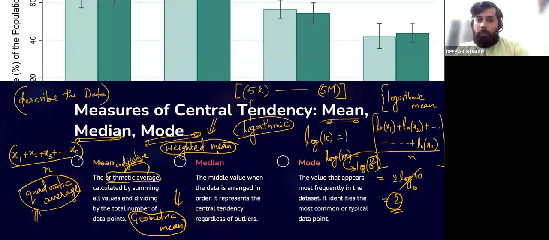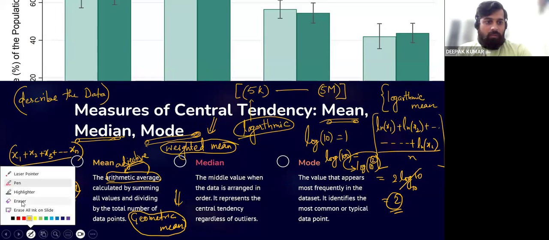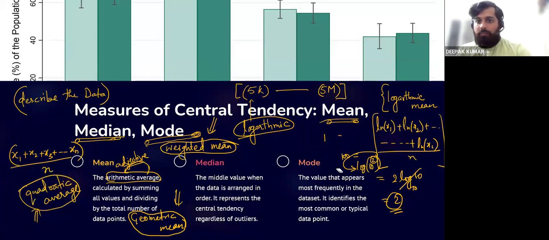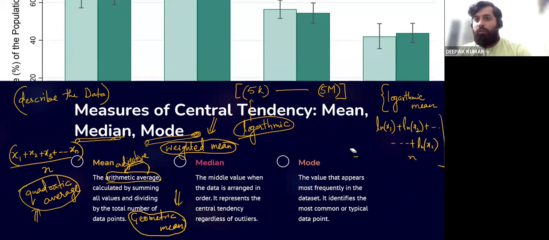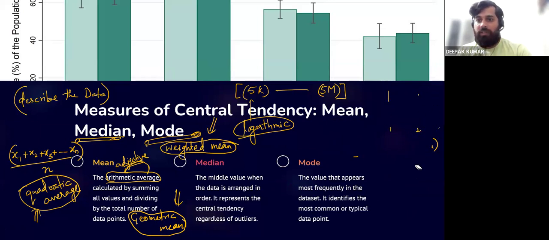Weighted mean simply says that when you have a distribution, you want to give a different weight to a different observation.